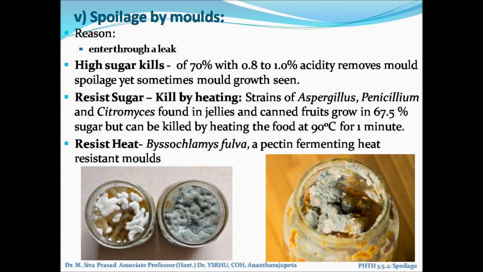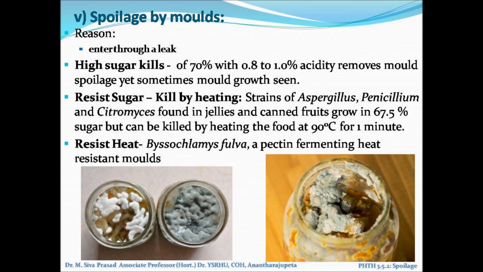Most of the time, a high percentage of sugar in the food prevents such molds. Foodstuffs like canned fruits, jams and jellies contain a high amount of sugar, ranging from 67 to 70 percent. In such high sugar conditions, these molds are unable to grow.